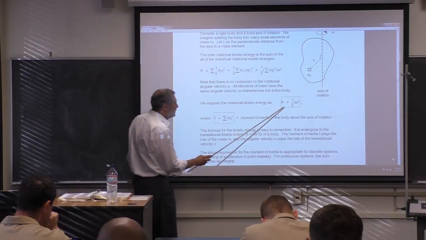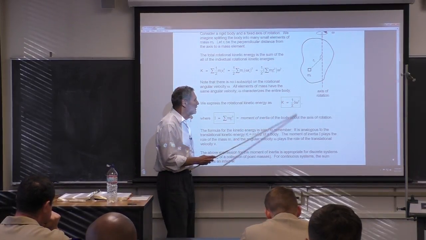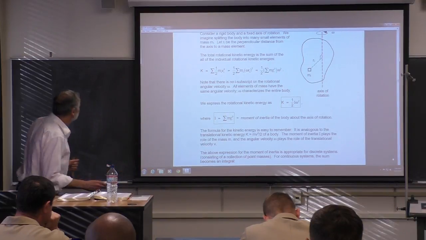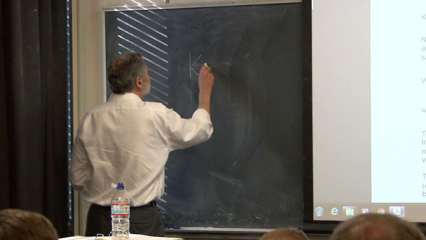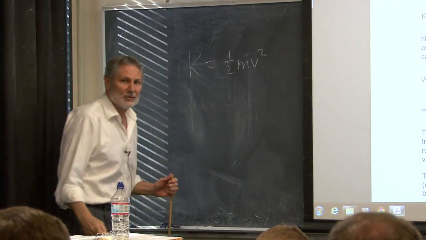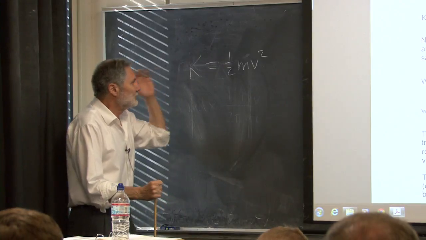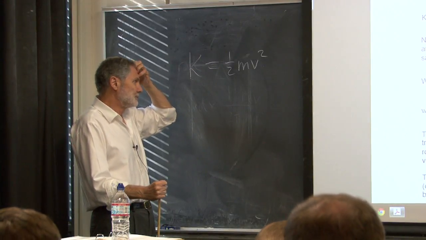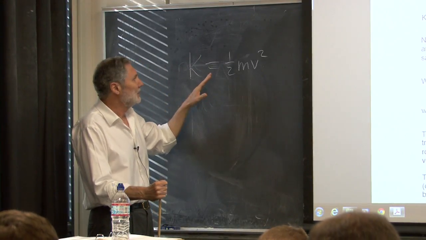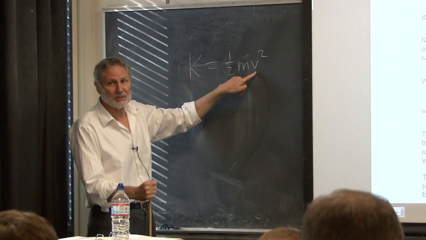So, does this look familiar? It looks a lot like the linear result, right? So it's easy to remember. For translational motion, the instantaneous kinetic energy of a particle is 1/2 the mass times the square of the velocity.